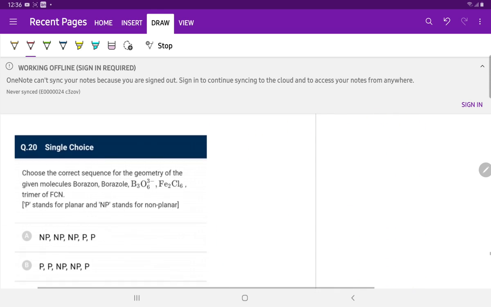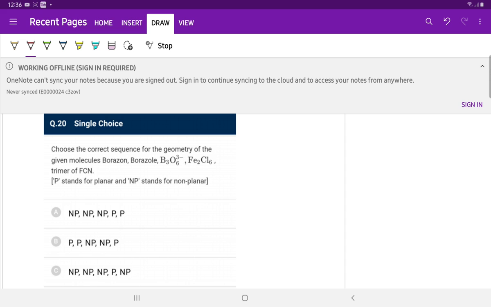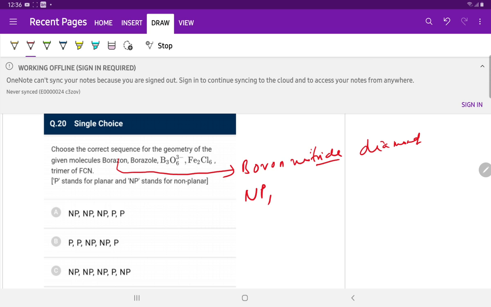Question number 20. Choose the correct sequence for the geometry of the given molecules. Borazone is boron nitride, an artificial diamond structured like diamond, and diamond is non-planar. So borazone is non-planar, meaning the first is NP.